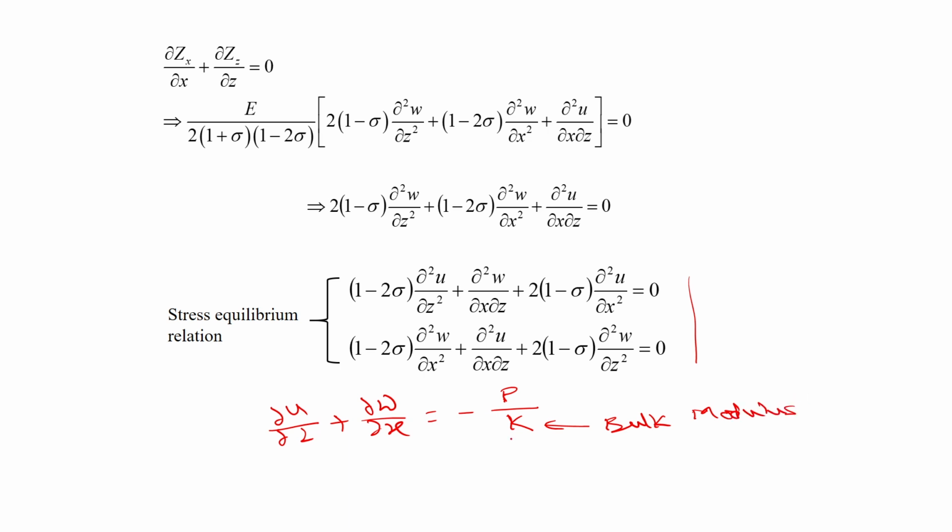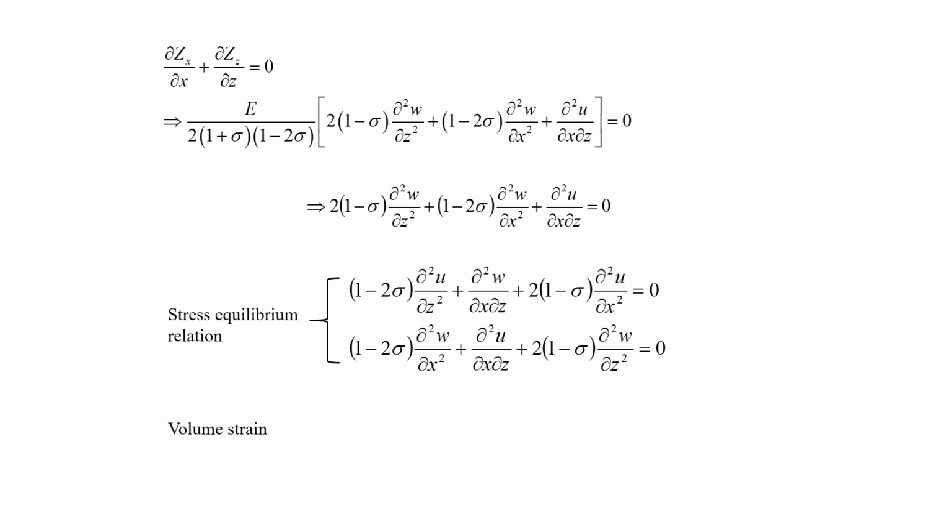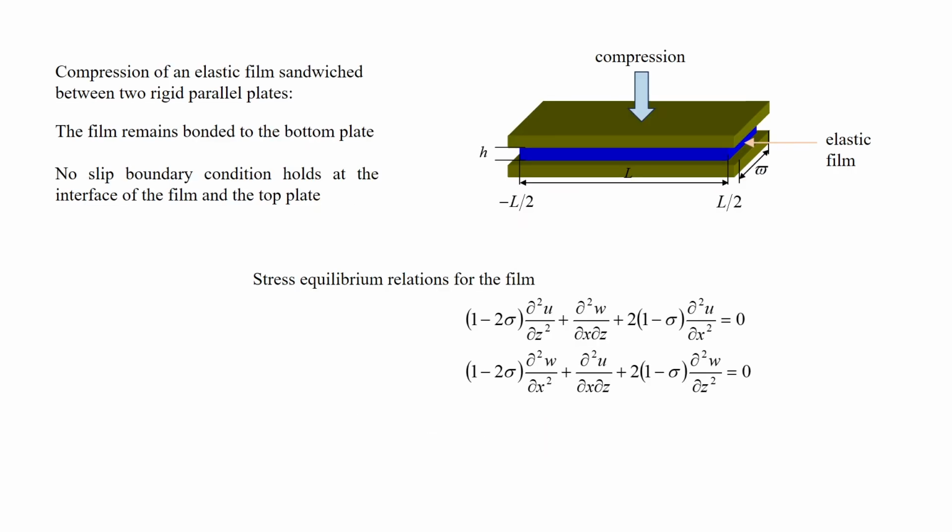No, it is not that, it is actually the bulk modulus here, right. Please be careful about that. So, these are the two stress equilibrium relations, and then this is the bulk modulus, and this is the compressibility relation in terms of volume strain. I have written it already.